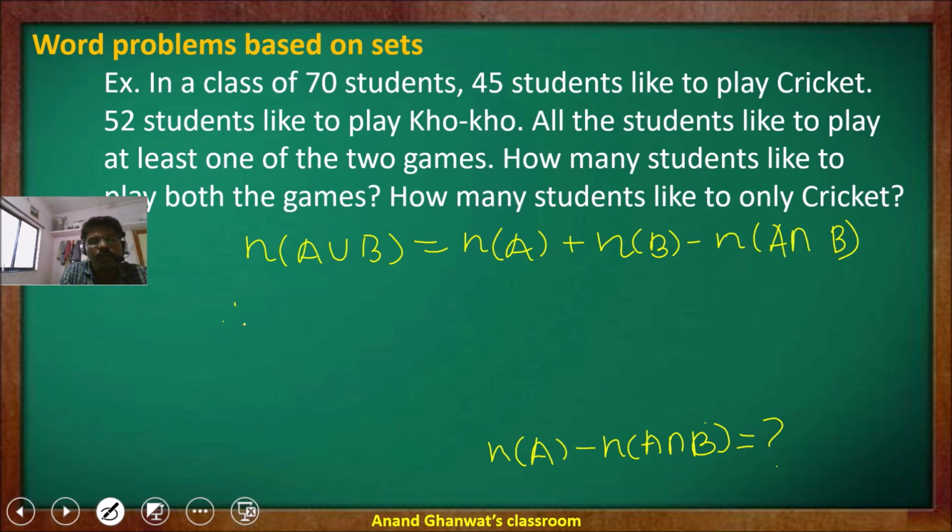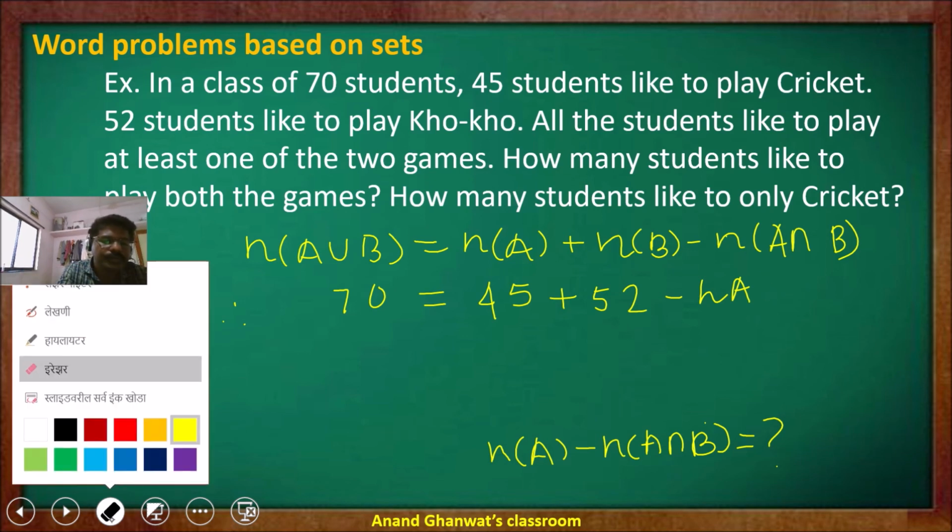Now n of A union B is 70. It is equal to n of A, which is 45, plus n of B, which is 52, minus n of A intersection B.